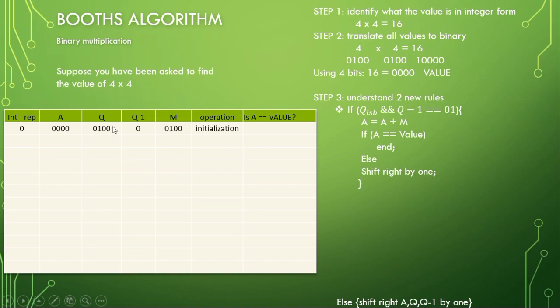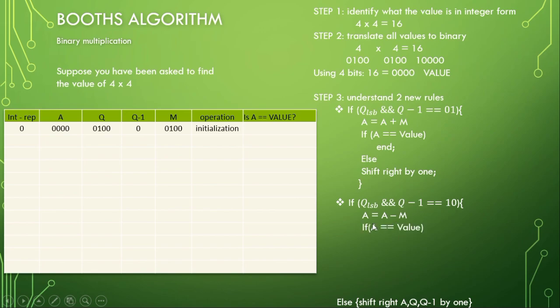If the least significant bit of Q and the Q minus 1 bit are 1, 0, meaning here we have 1 and here we have 0, we're going to perform a subtraction operation.